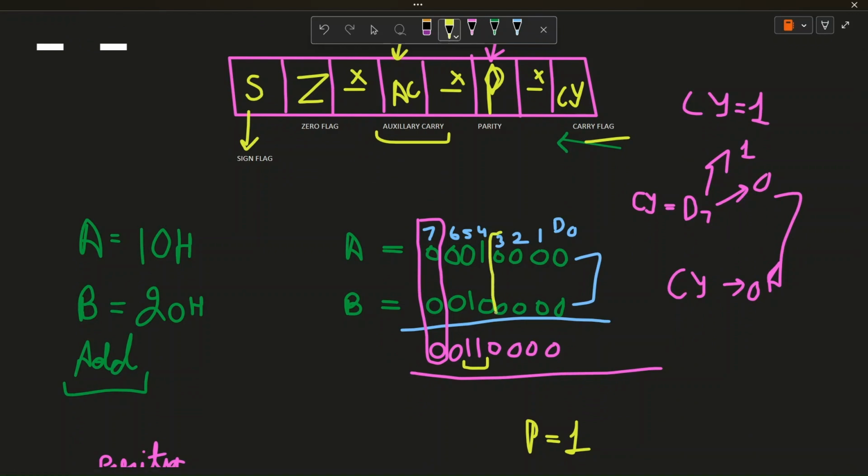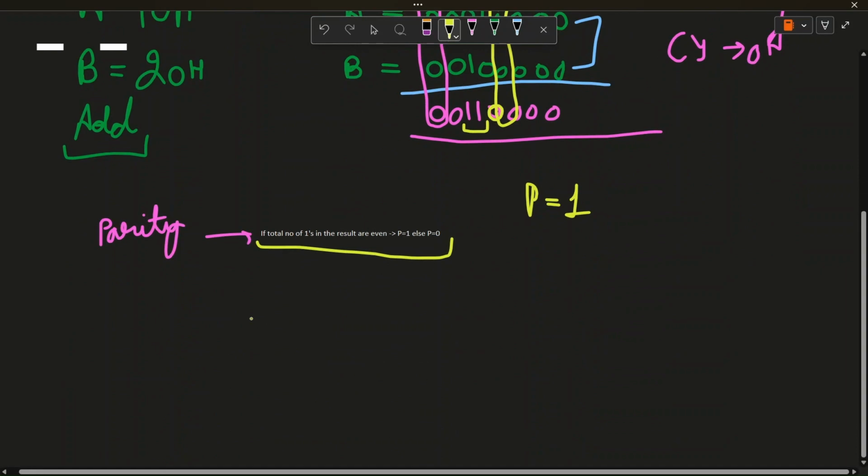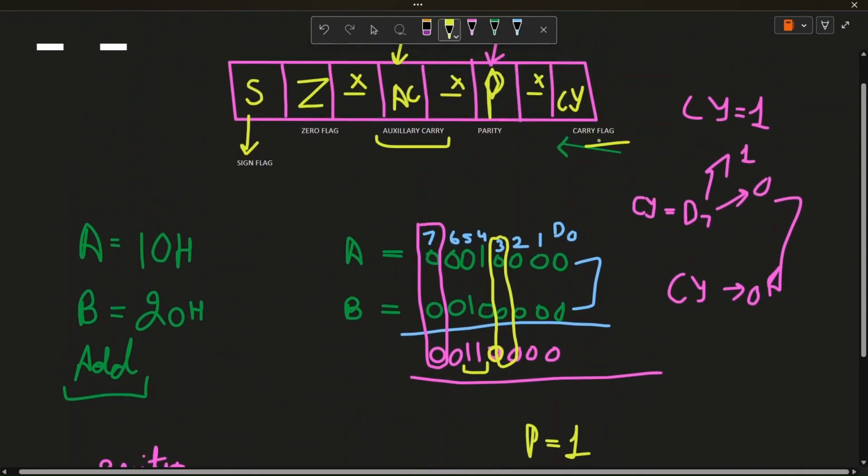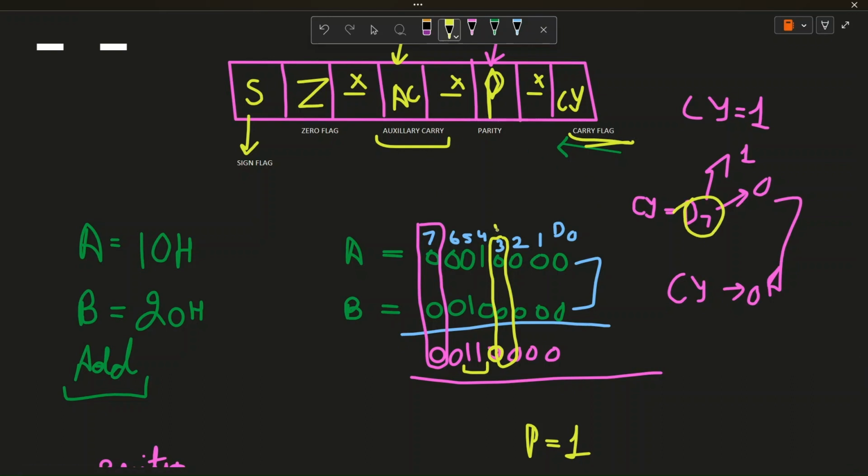Now the third bit is 0 here. If D3 is 0, we set our AC to 0. When D3 is 1, we set our AC to 1. So for the carry flag we check the D7 bit, and for the auxiliary carry we check the D3 bit.